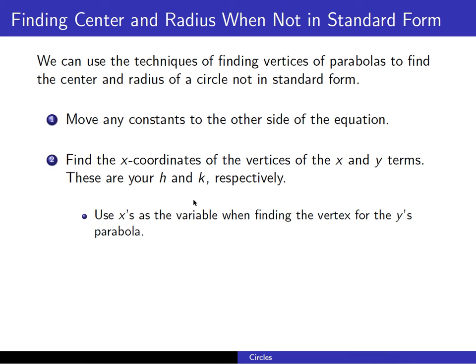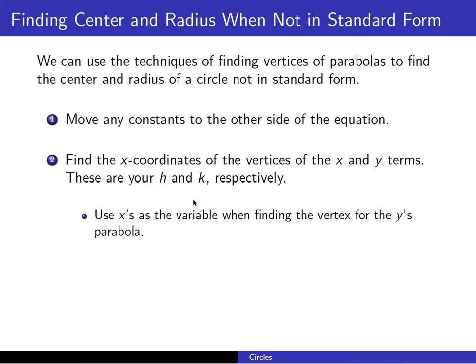We're going to use the x's as the variable when finding the vertex for the y's parabola. So what that means is if we have something like 2y² − 7y, rather than enter that into our calculator and find the vertex as it is, we're going to instead use 2x² − 7x.